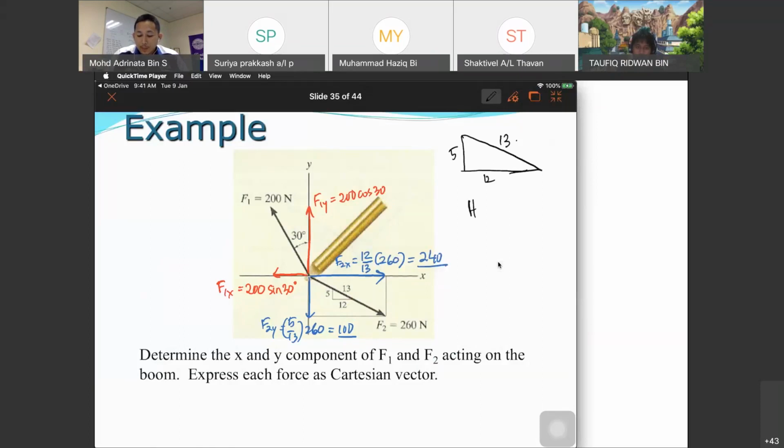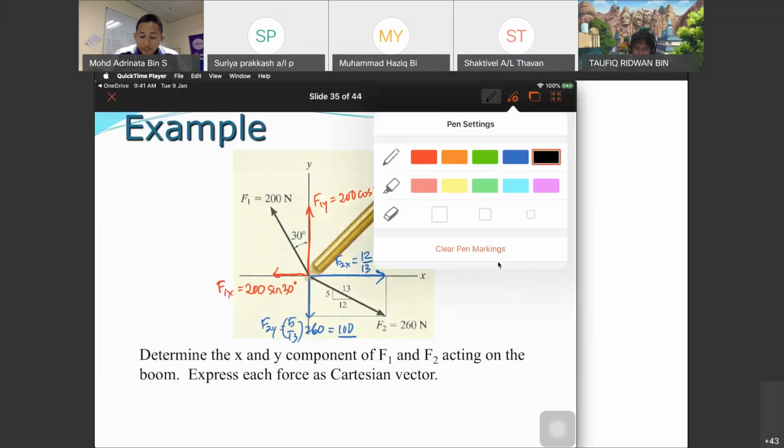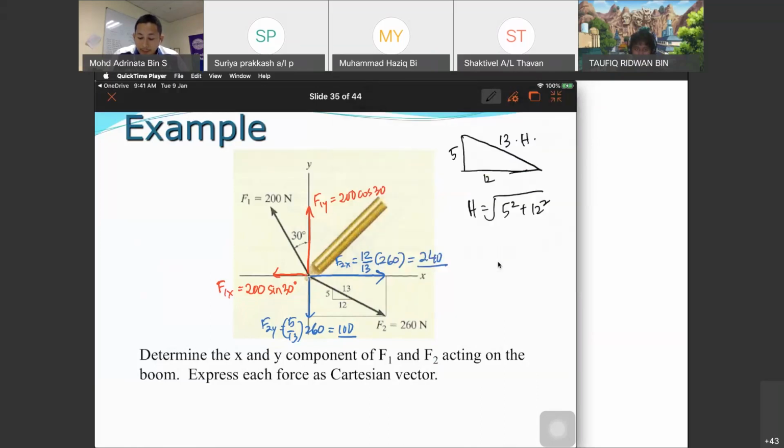This is h, hypotenuse, equals to square root 5 square plus 12 square. And then how do you find your theta? Tangent theta is equals to 5 over 12. So you can get your theta is equals to tangent -1 5 over 12.